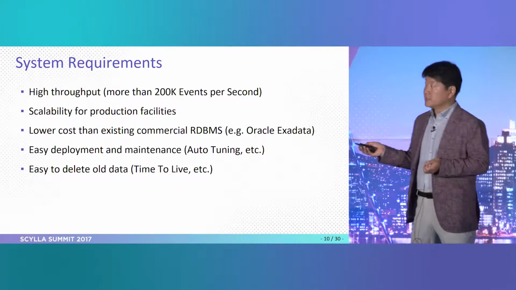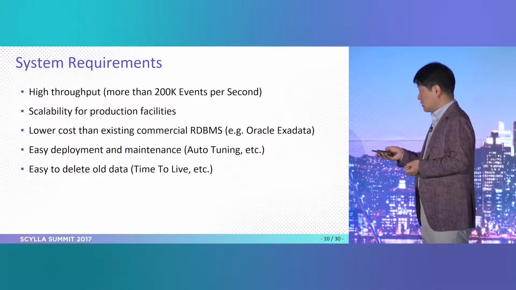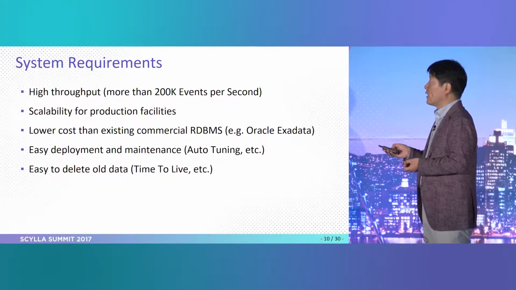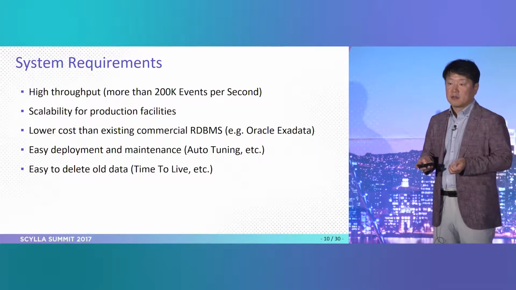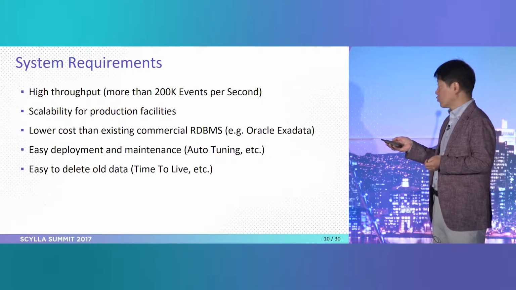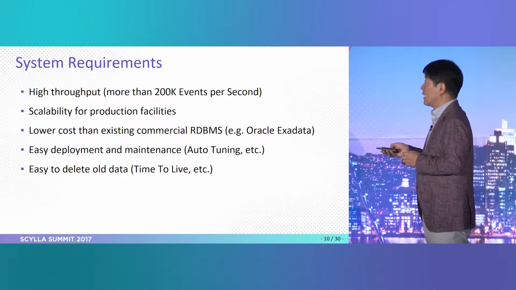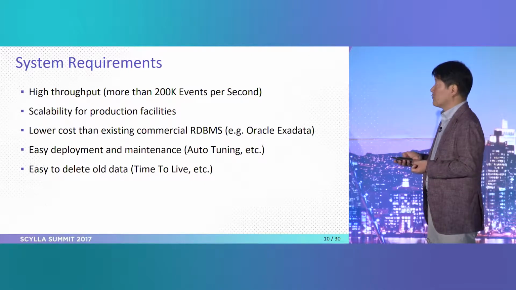And these are the system requirements from our customers. Definitely, they want high throughput, maybe more than 200,000 events per second. Oracle Exadata can cover that high throughput, but the costs are very huge to pay. So they want lower cost than the existing commercial RDBMS.